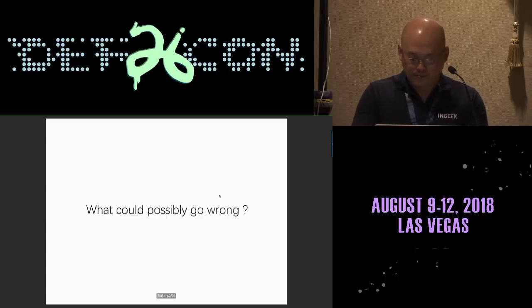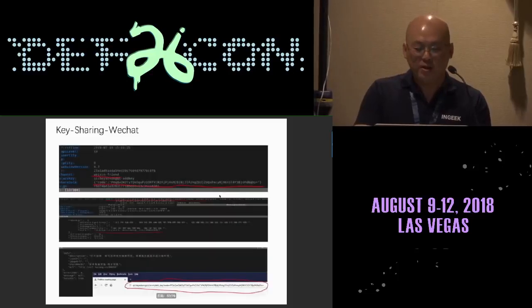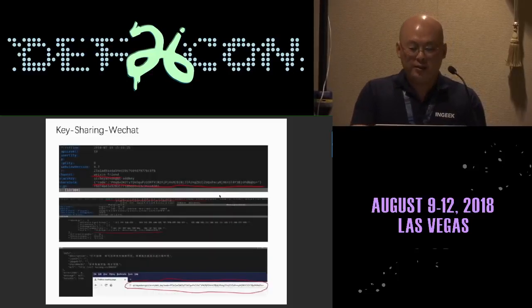So, what could possibly go wrong? Super secure, right? Again, as I mentioned, the complete communication process relies on HTTP. So really, if we do some kind of man-in-the-middle sniffing, we can easily get your actual key.